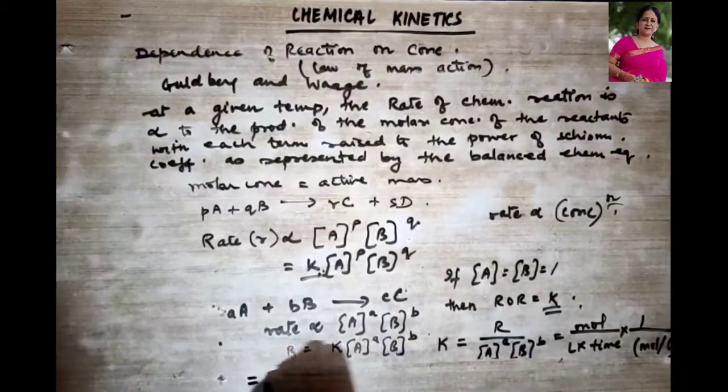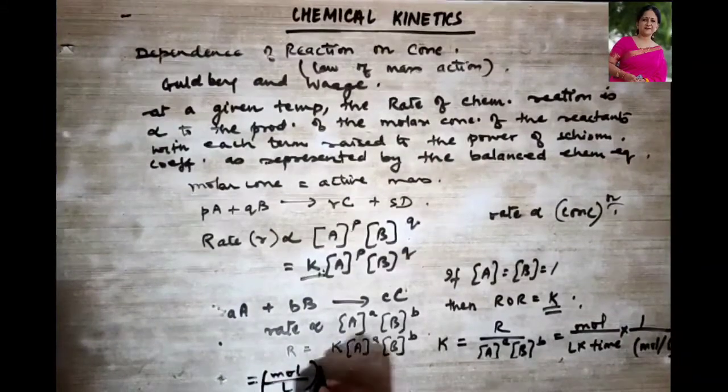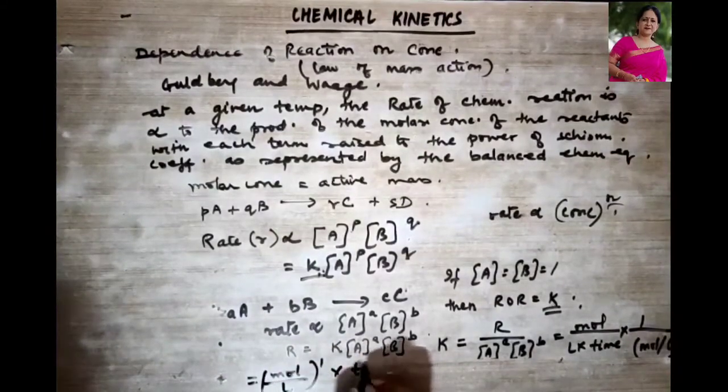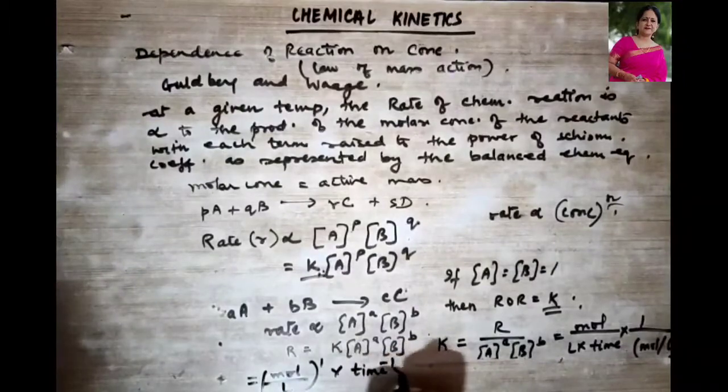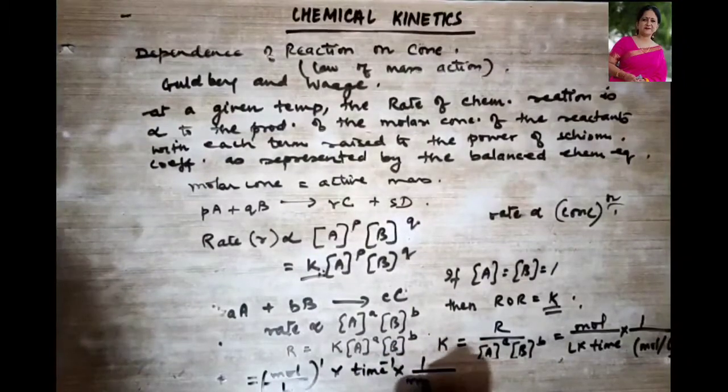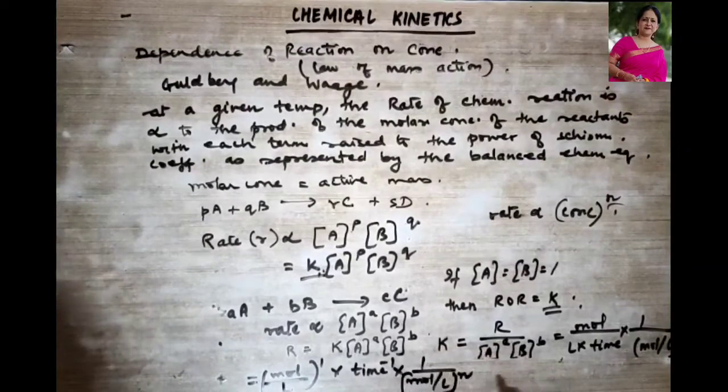So this will be equal to moles per liter into time, isn't it? Into 1 over moles per liter, into 1 over moles per liter. So this will be equal to moles per liter into time to the power of minus 1, into 1 over moles per liter to the power of n.